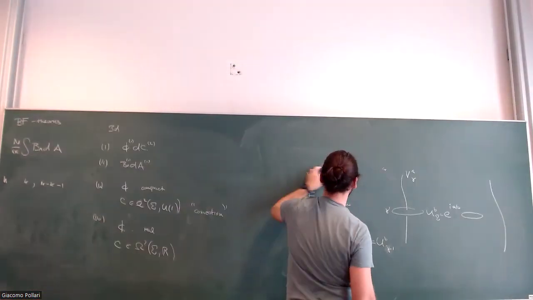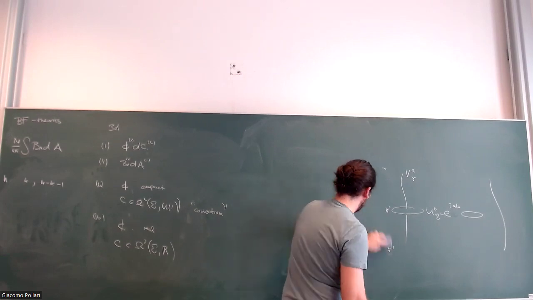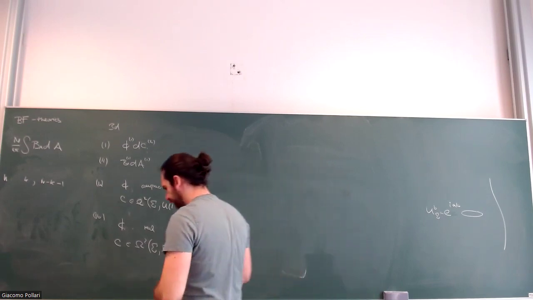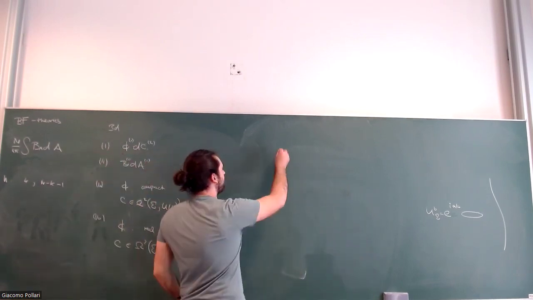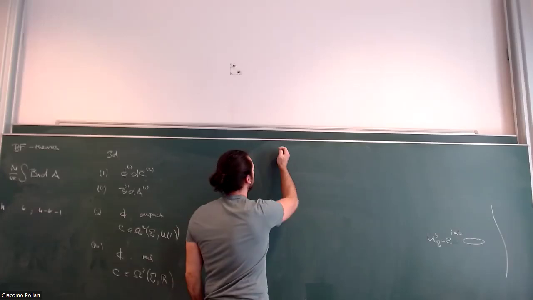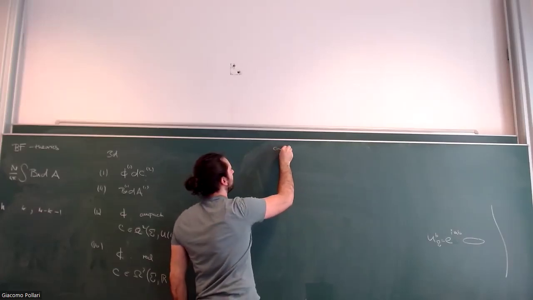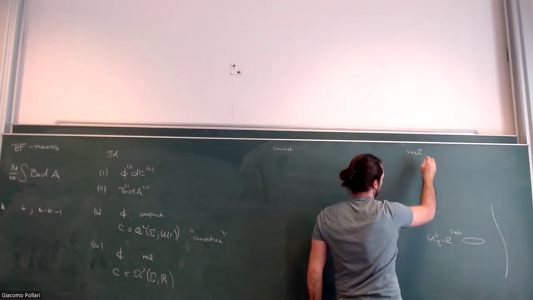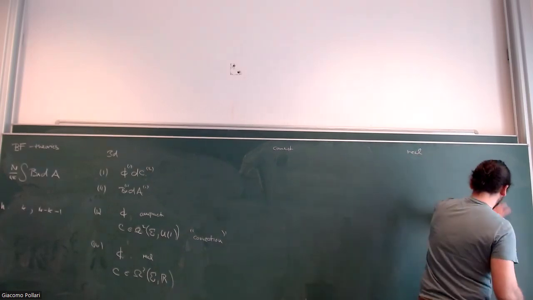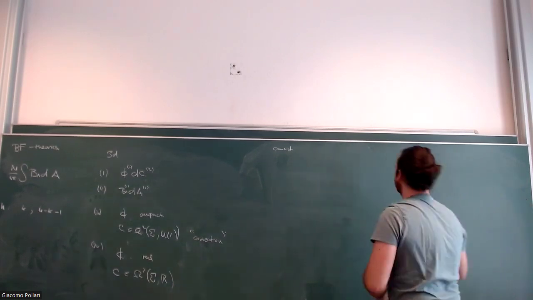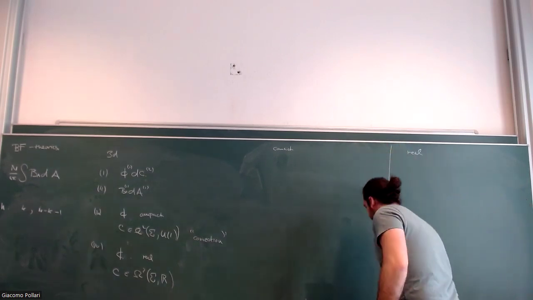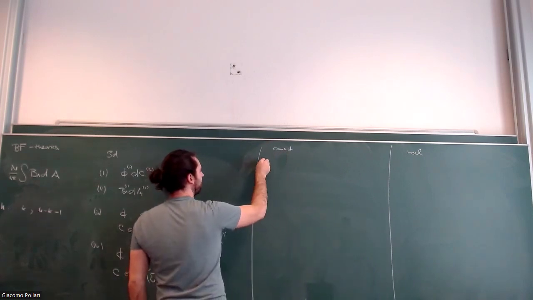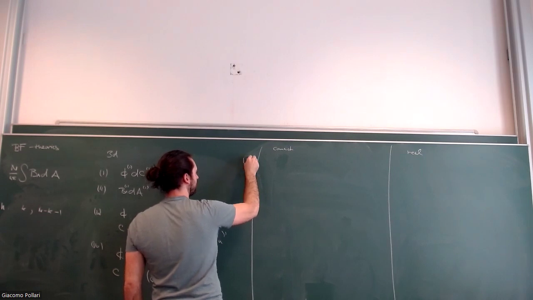So what kind of operators can I construct? The first, phi, maybe I'll do compact and real. Now real type 1 and type 2.